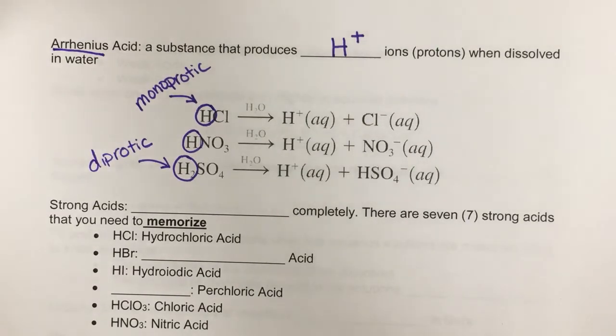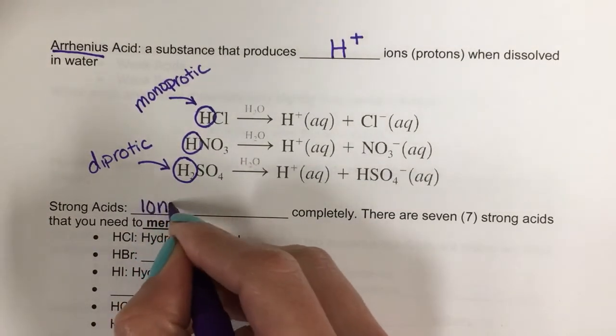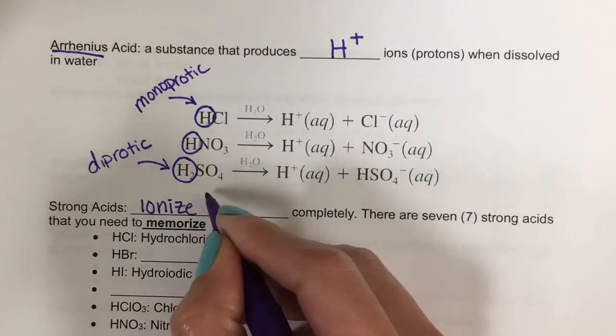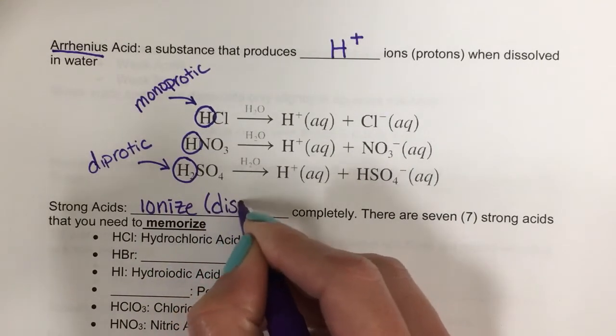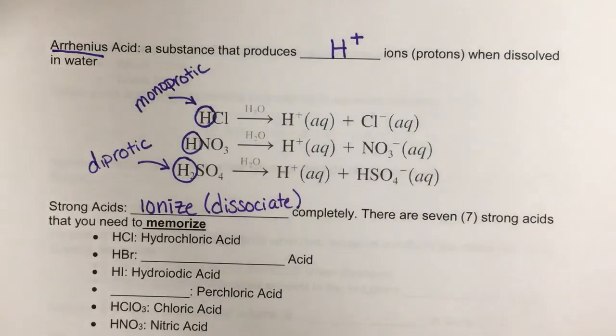Okay? A strong acid is going to ionize or dissociate or break apart completely. There are 7 strong acids that we need to memorize. HCl, hydrochloric acid.